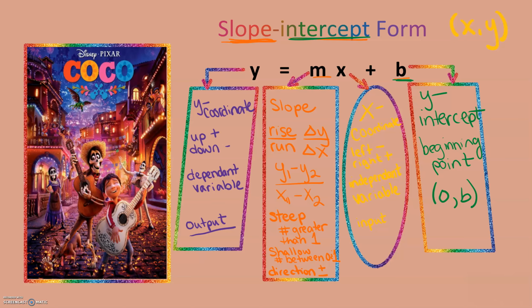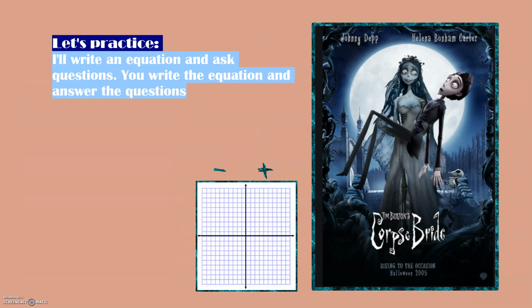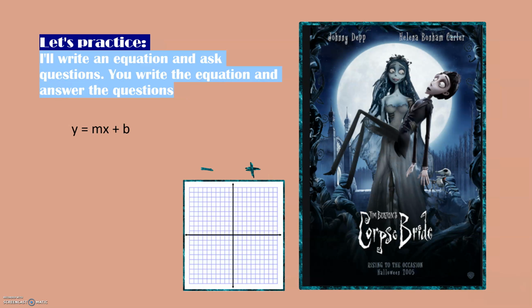I know I am. So what I'm going to do is pause the video periodically, and I'm going to have you write down an equation and then answer the questions that I ask. So go ahead and write down y equals mx plus b. What does the m stand for? Give me 3 different names that we can say instead of m.